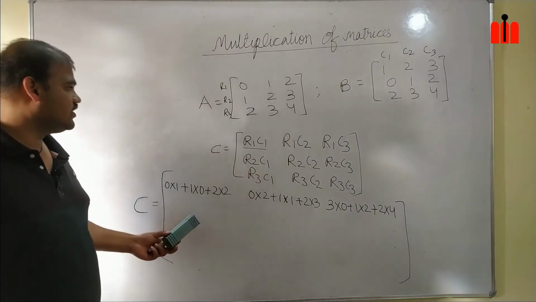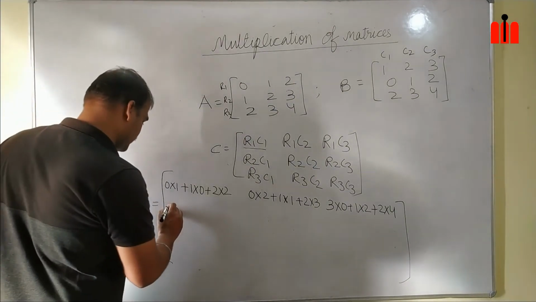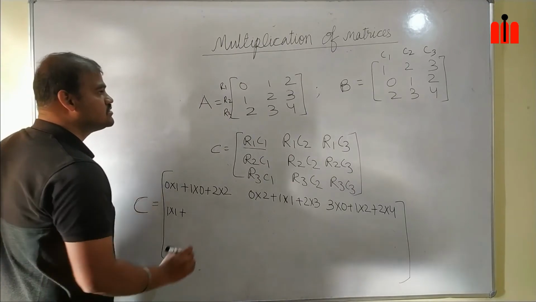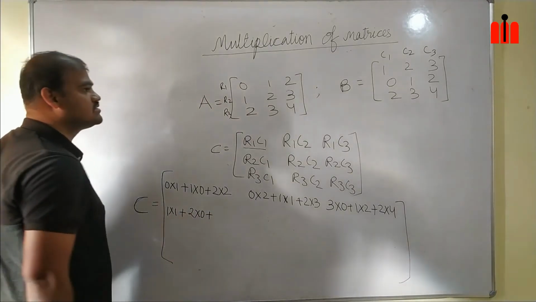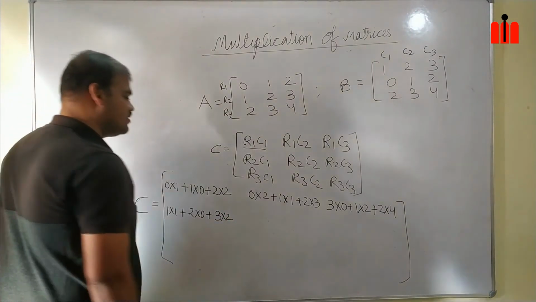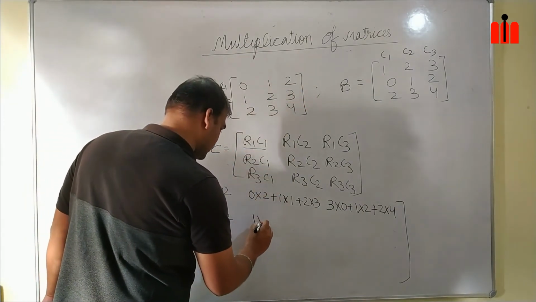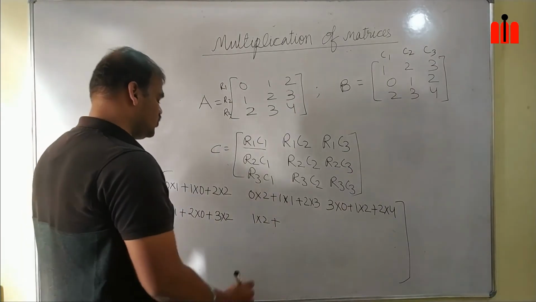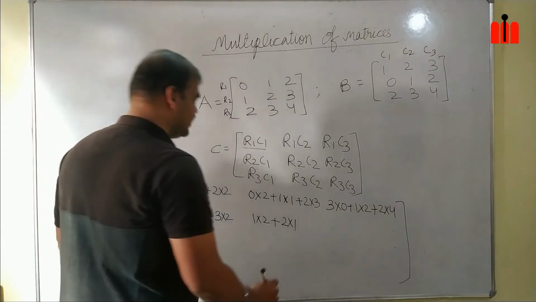So this element will be R2 C1. So it will be 1 into 1 plus 2 into 0 plus 3 into 2. After that, R2 C2, it will be 1 into 2 plus 2 into 1 plus 3 into 3.